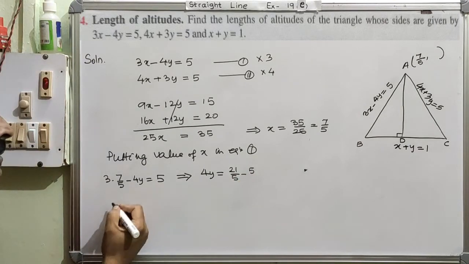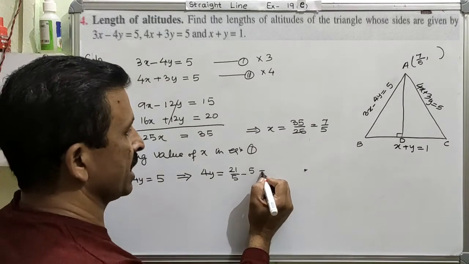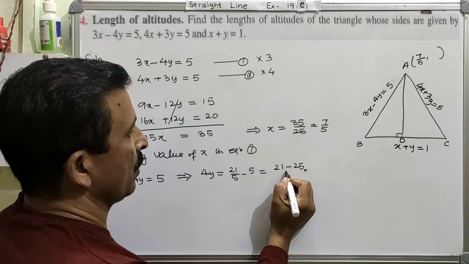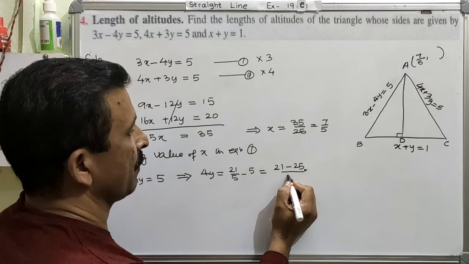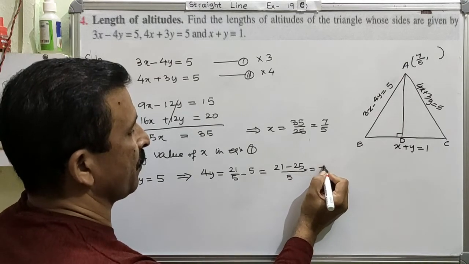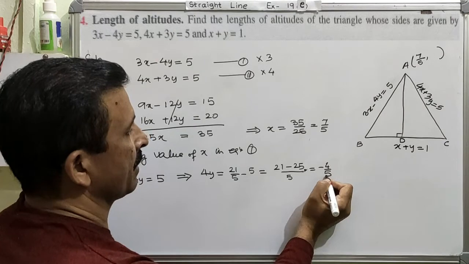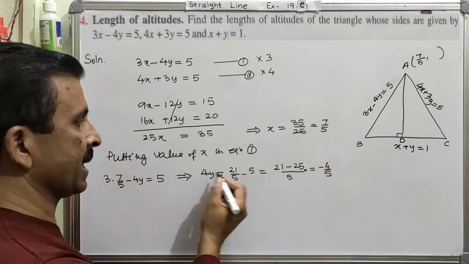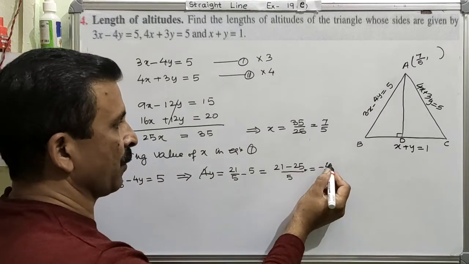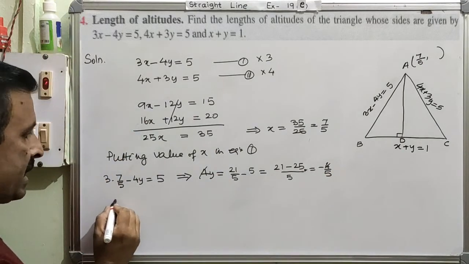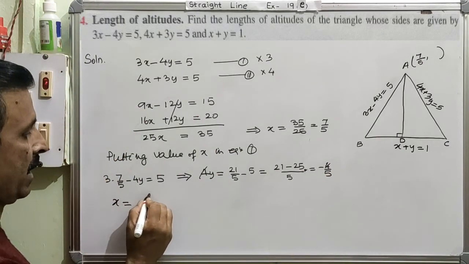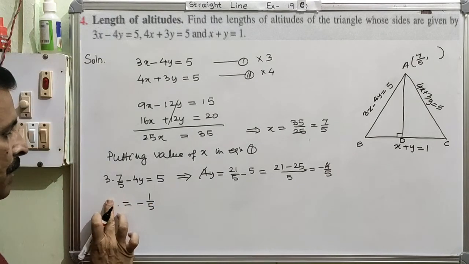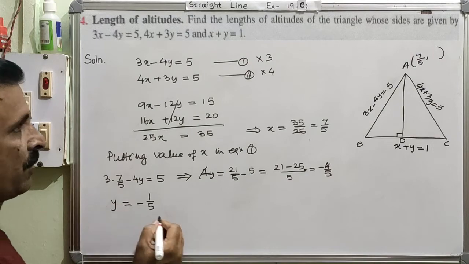Because 5 is taken to the left side, it becomes negative. So this becomes 21 minus 25 over 5. This is minus 4 over 5, right? Now we can simplify this 4 by 4, and therefore y is equal to minus 1 over 5.